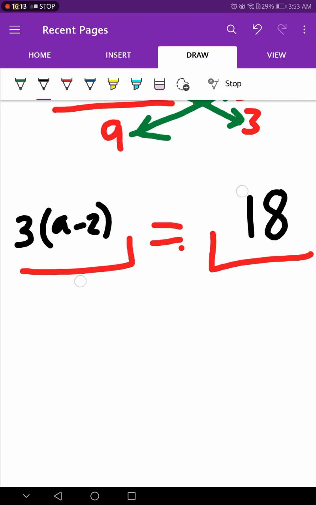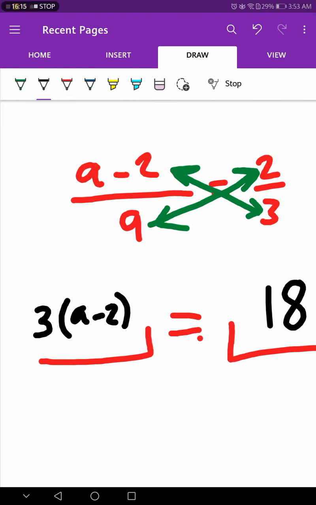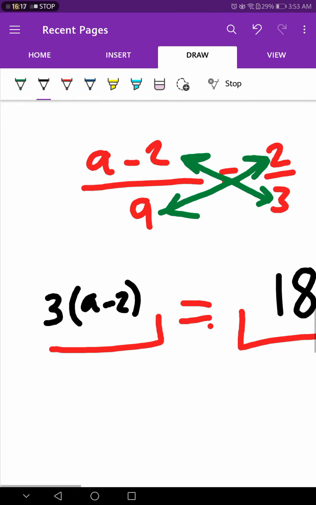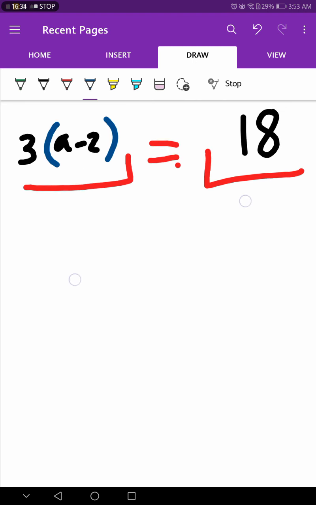Teacher, why did you draw the parentheses? There is no parentheses here, because if you don't put the parentheses it will be 3a minus 2. But actually the 3 is multiplied by the a and the minus 2. So I put the parentheses here.